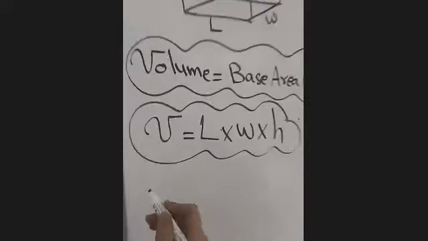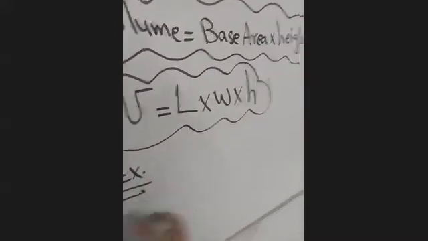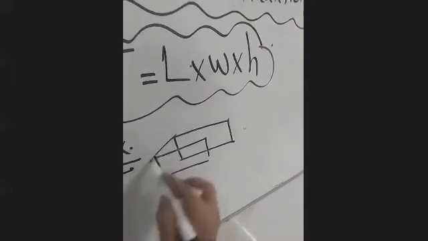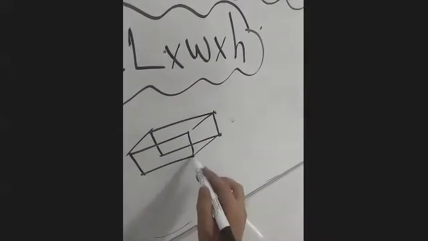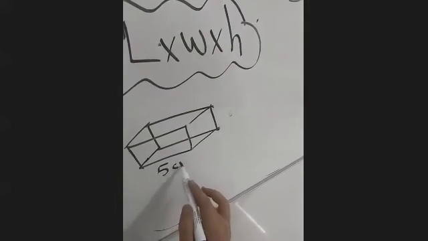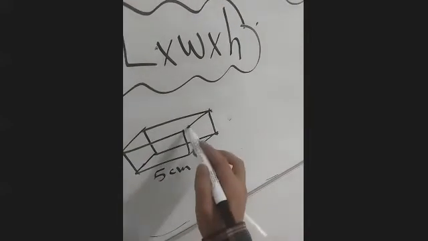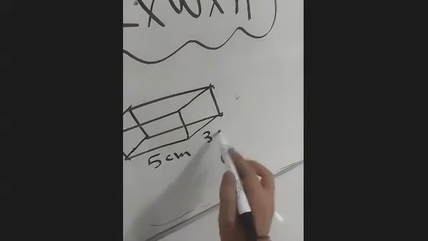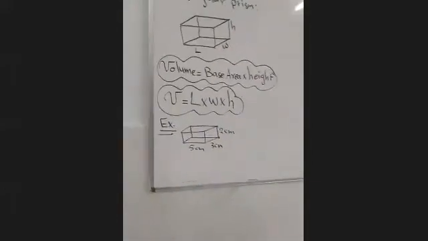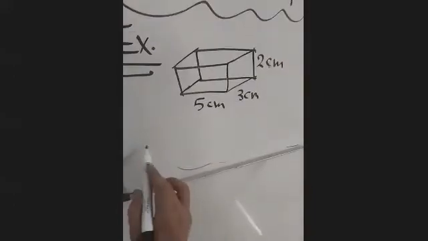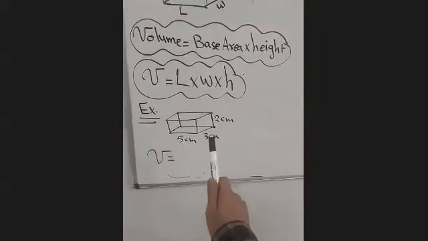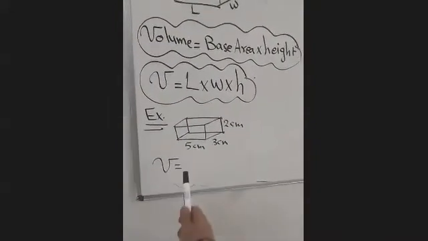Example, focus, guys, please. In this rectangular prism, the length is 5 centimeters, the width is 3 centimeters, and the height is 2 centimeters, and we want to find the volume. The length, width, and height are given.